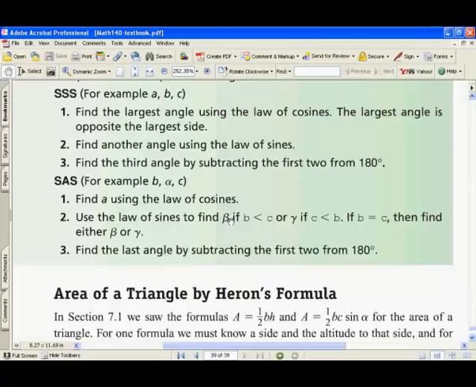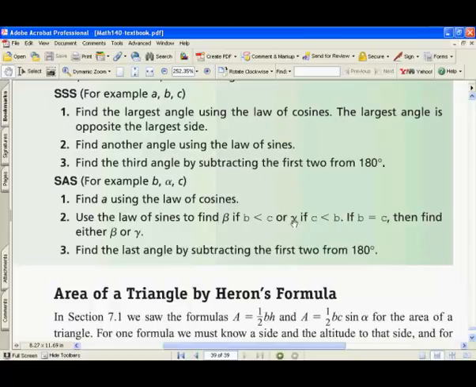So you compare beta with gamma. If B is less than C, then beta definitely is smaller than gamma, right? So in this case, you find the smaller angle beta. But if C is smaller than B, then gamma is smaller than beta. So in this case, you find the gamma.